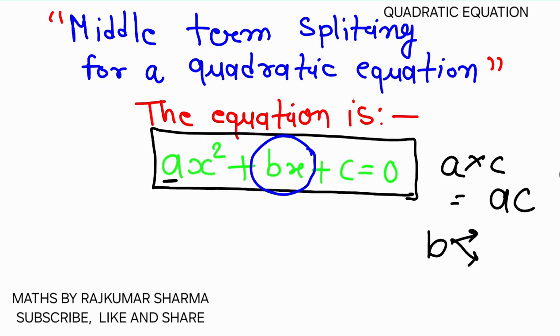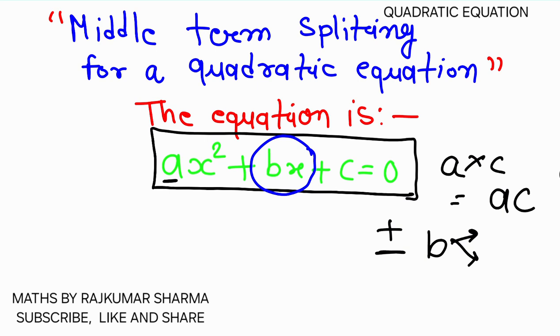So we have to find two numbers whose addition or subtraction will be equal to b. If b is positive, then the two numbers will be positive, otherwise they will be negative.